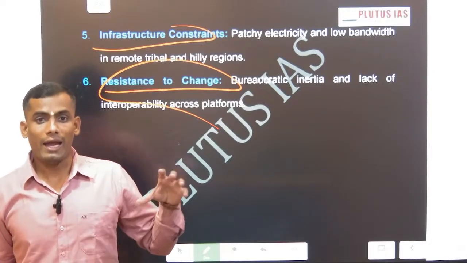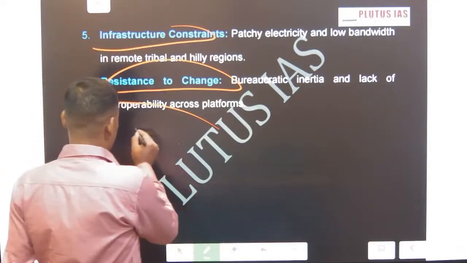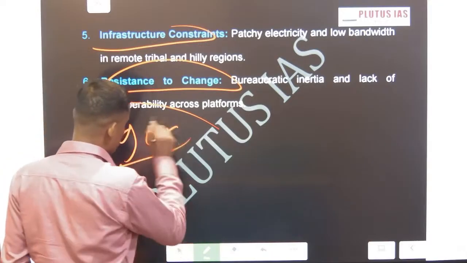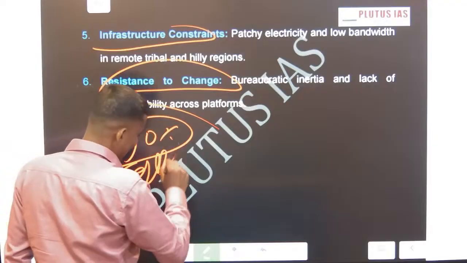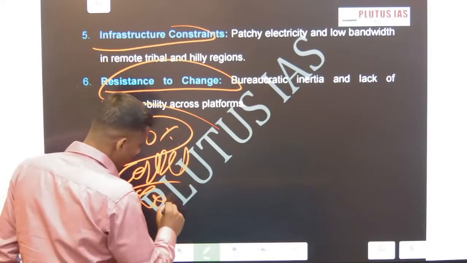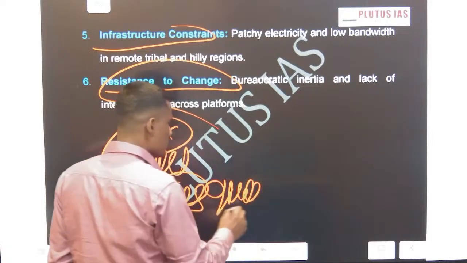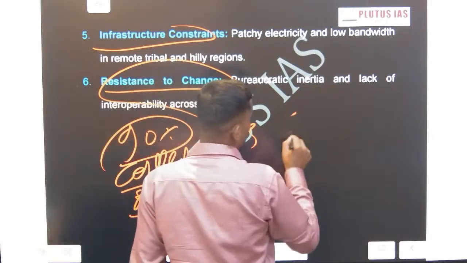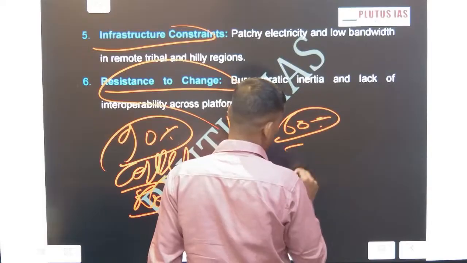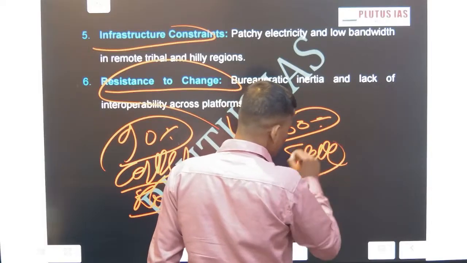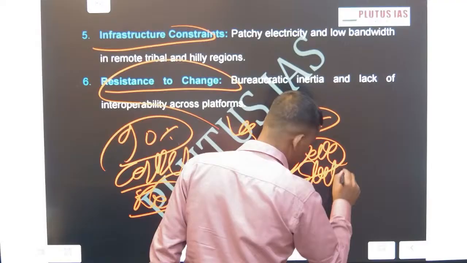the e-governance. And most of the central government records, 90%, are now digital, but compared to that, only 60% of the state government.